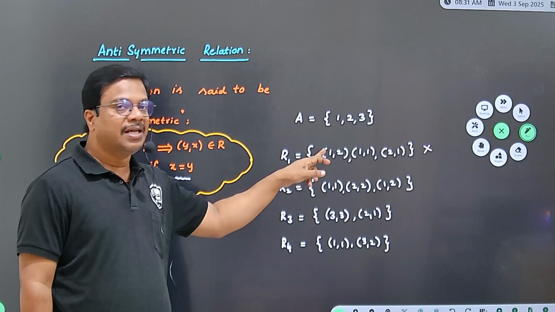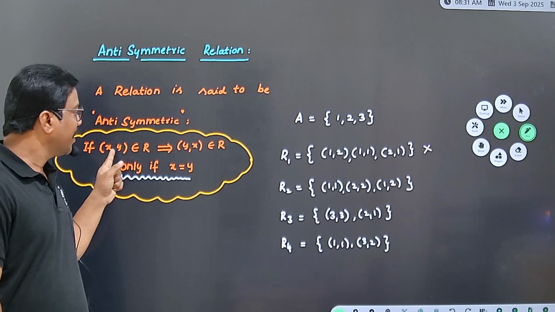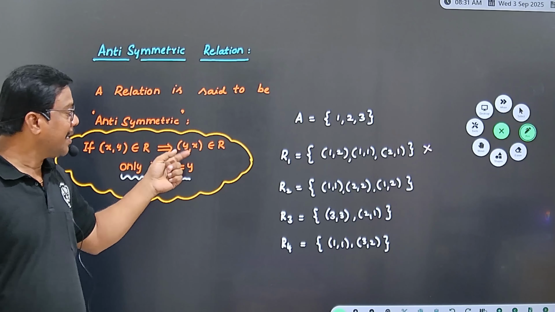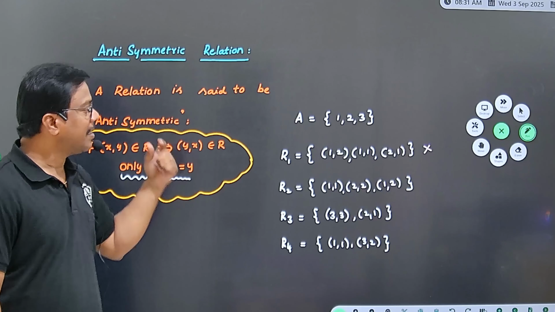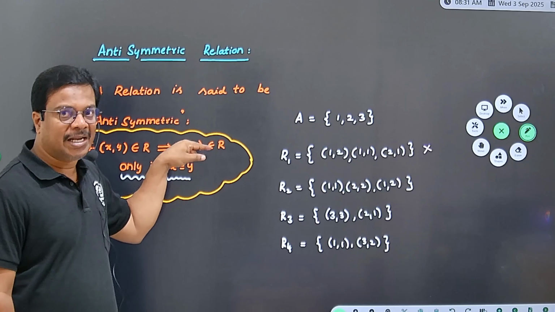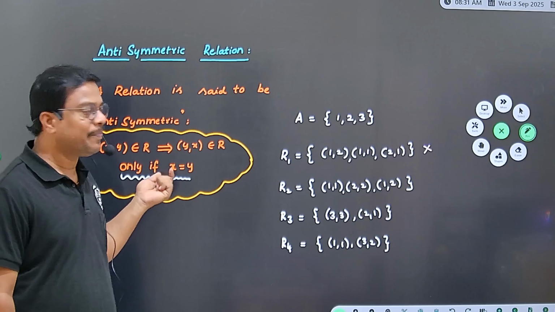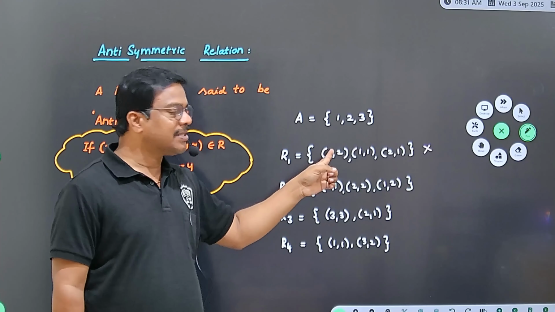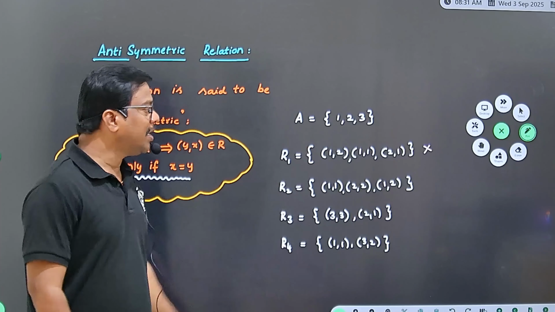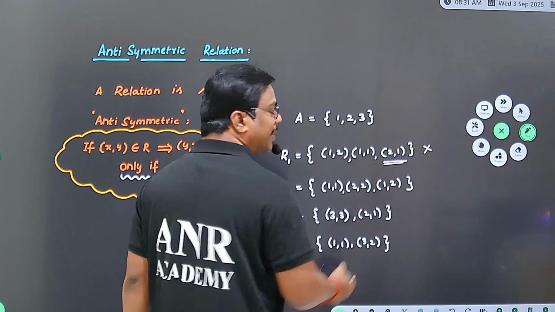If you select one of the pairs belonging to that relation, its symmetric pair, that is (2, 1), also belongs to that relation only when both the coordinates are the same. But here both coordinates x, y are different, so it is not antisymmetric.